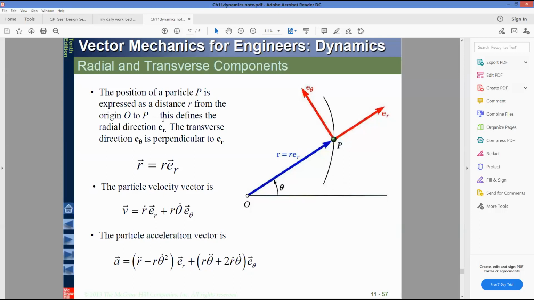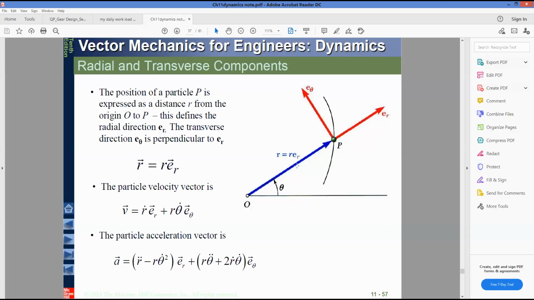Here in this radial and transverse component, you can see if this is your starting point, and a particle has a position vector r, from the coordinate origin 0, this is the position vector of that particle which moves along the curved path.